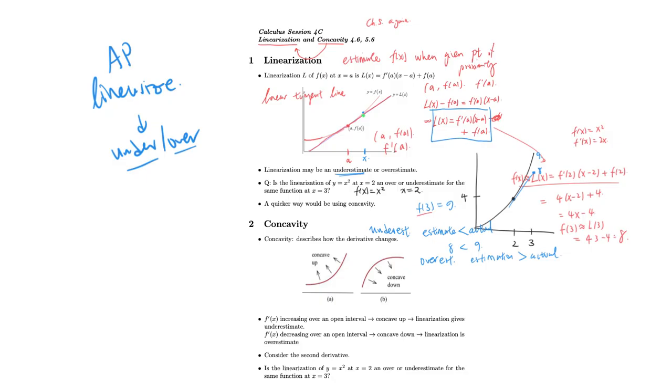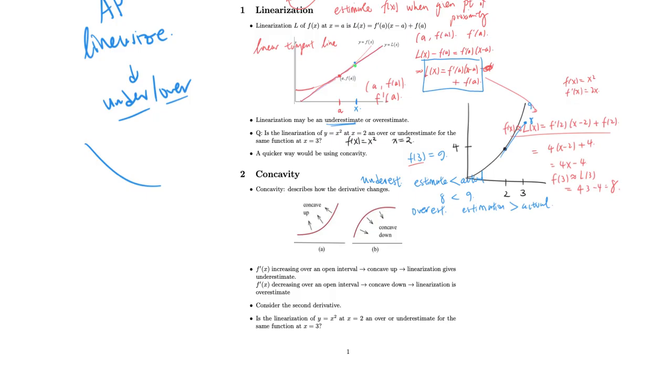So this is why we're going to cover concavity here, because concavity helps us understand more quickly if it's an over or underestimate. In recent years, they're doing under and overestimates for integrals, so they would consider a Riemann sum, but we'll get to that in chapter 6.